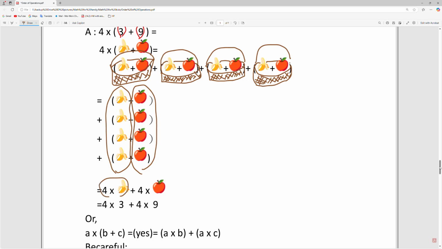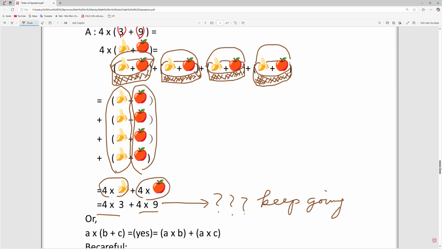So you have 4 bananas and 4 apples. So you have 4 times 3 plus 4 times 9. Okay. And after that, how to calculate? How to keep going is the next thing I want to talk about.